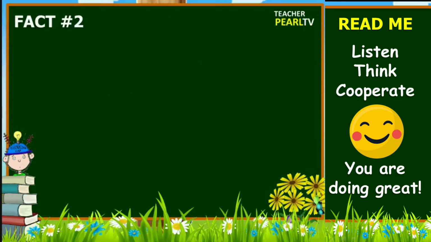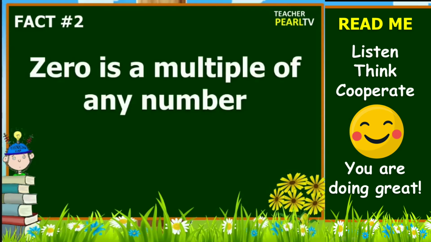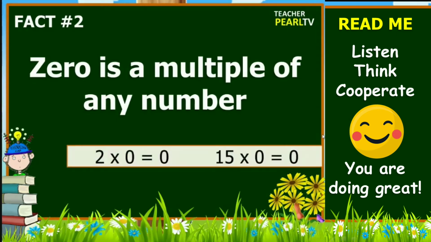Fact number 2. 0 is a multiple of any number. Observe that whenever we multiply a number to 0, the answer is always 0.